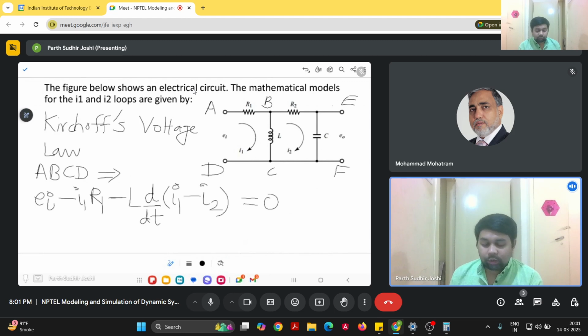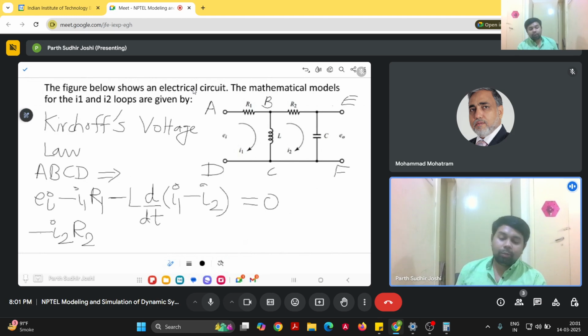Then similarly, if we write the equation for the other loop, so minus I2 R2.